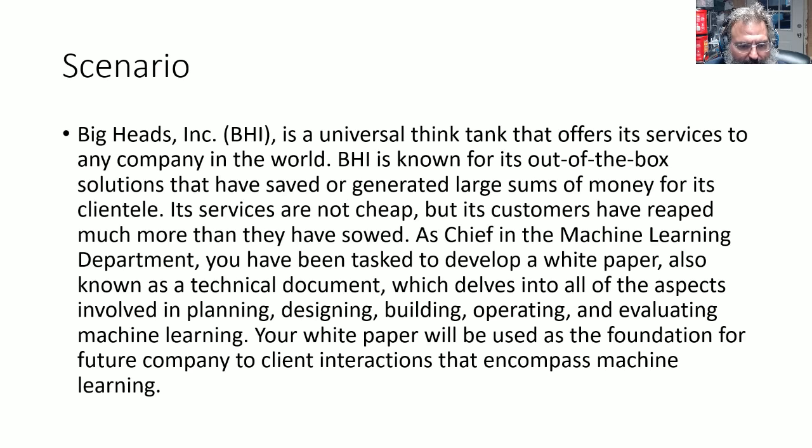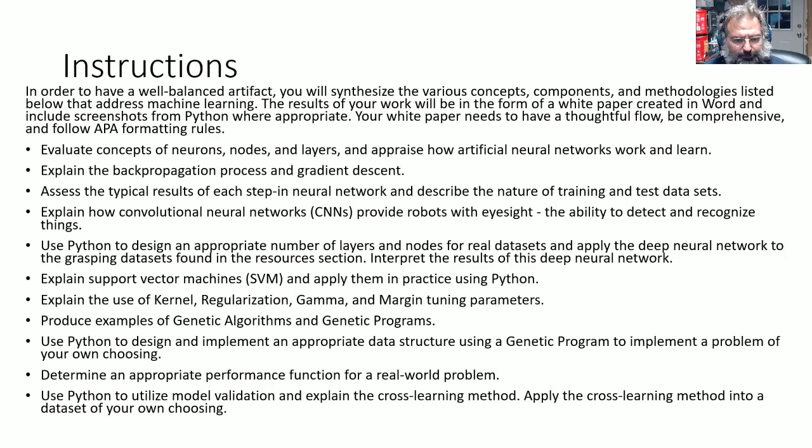As chief in the machine learning department, chief probably architect or something, you have been tasked to develop a white paper, also known as a technical document, which delves into all the aspects involved in planning, designing, building, operating, and evaluating machine learning. Your white paper will be used as the foundation for future company to client interactions that encompass machine learning.